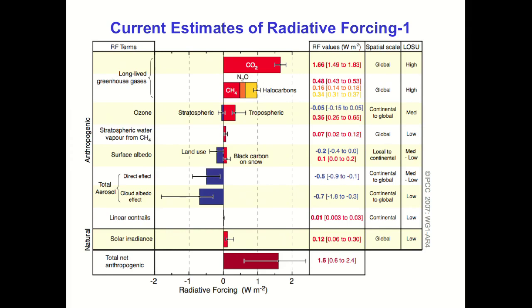Methane is around about 0.48, and N2O is about 0.16. Halocarbons, due to various drivers and products that they can produce, eventually things like CO2 and methane, actually contribute about 0.34 watts per meter squared, so not insignificant.